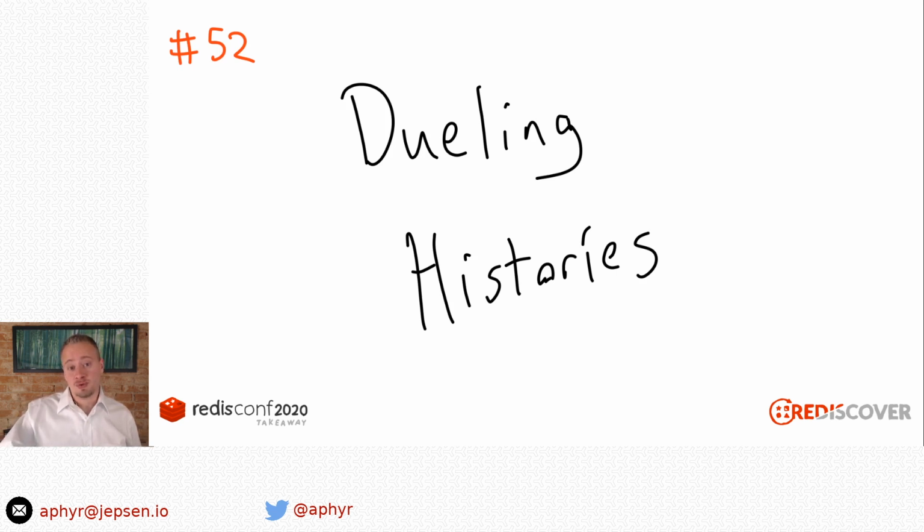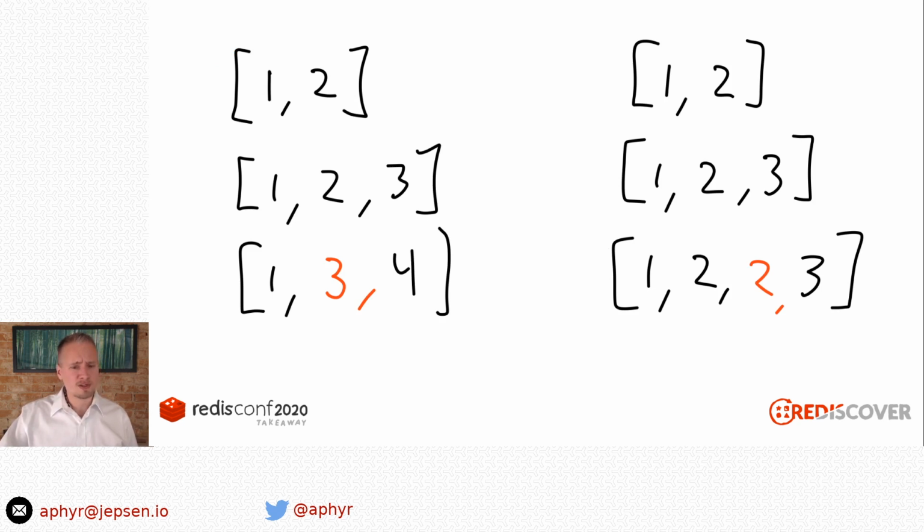Bug 52 involved dueling histories. And this is a strange one. It's another type of SplitBrain where you might read the value as 1, 2, then 1, 2, 3. You're appending objects to this list. Everything is great. And then maybe seconds later, a value that you appended might disappear from the history. So you have 1, 3, 4 and no copy of 2. Or maybe the node goes back in time and inserts duplicate operations.